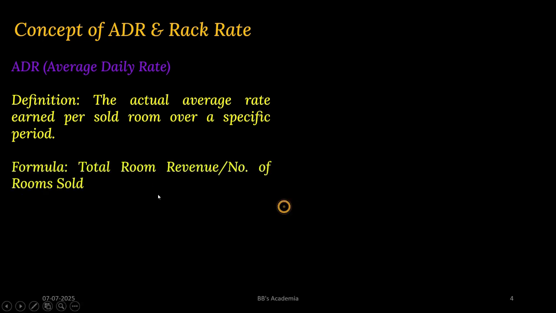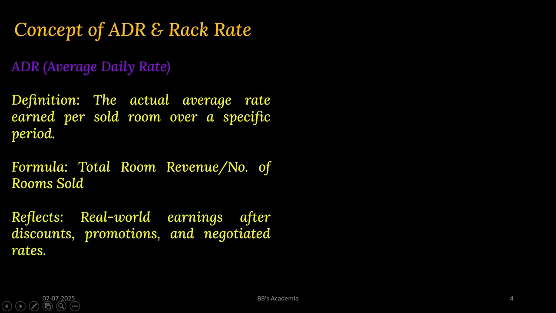What is the formula we adopt? Total room revenue divided by number of rooms sold. You get the ADR. ADR is the average daily rate. What does it reflect? The real world earning after discounts, promotions, and negotiated rates.